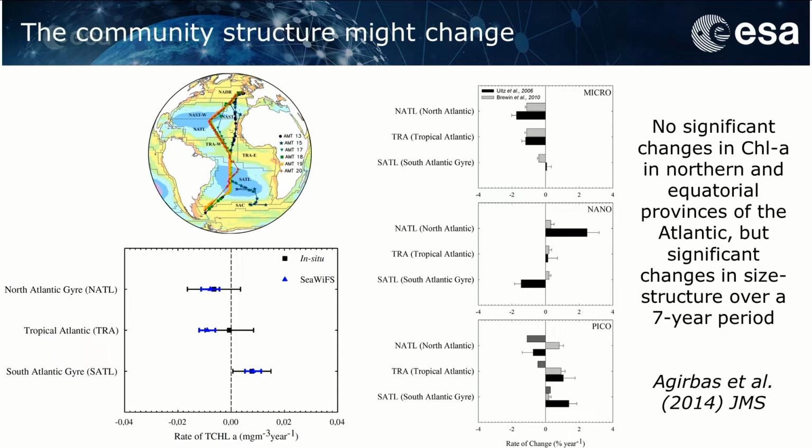Then he looked at the trends in phytoplankton community composition, derived from high-performance liquid chromatography, so other pigments in the phytoplankton, and showed that in some cases, for instance in the tropical Atlantic here, there was no significant change in chlorophyll in situ, but we saw significant shifts in community structure.